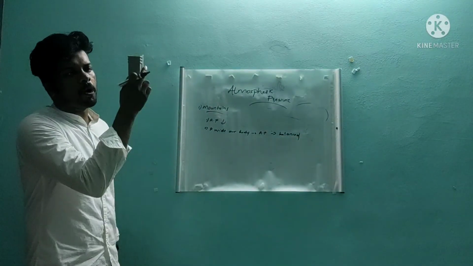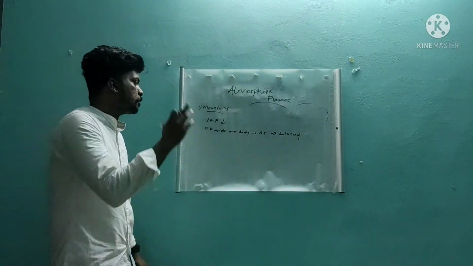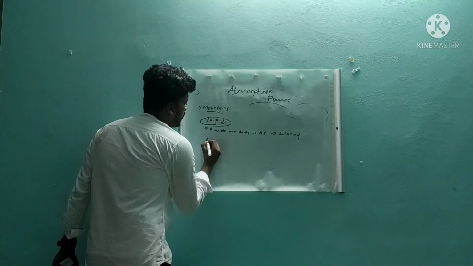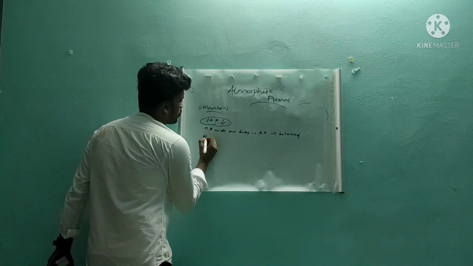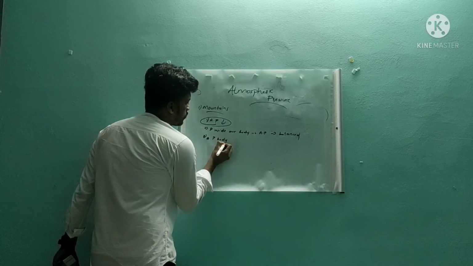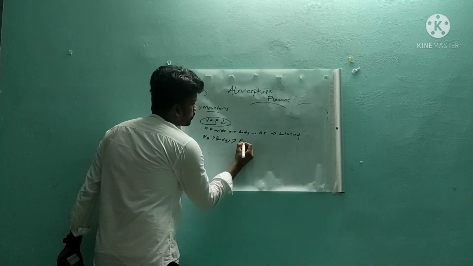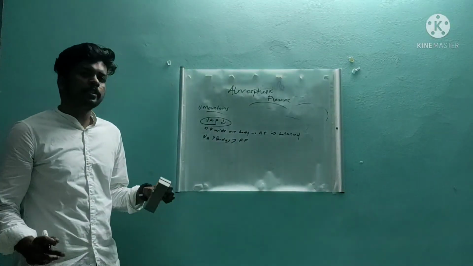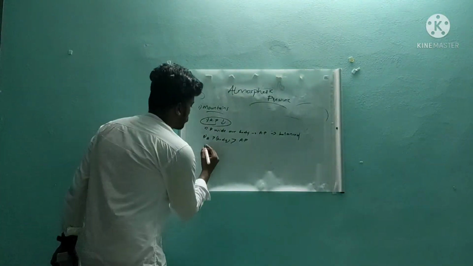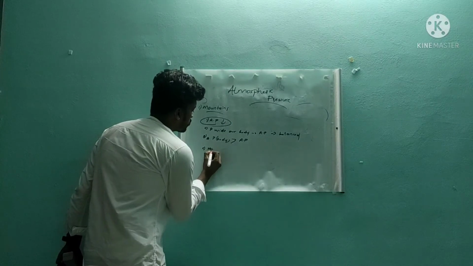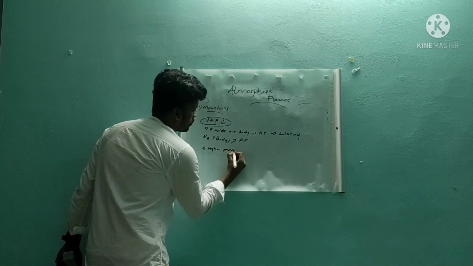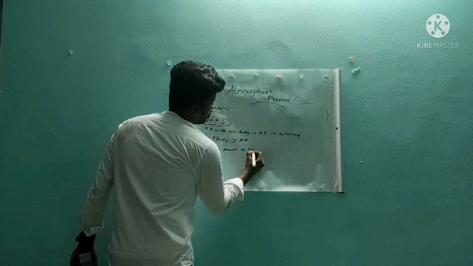But when we go to high mountains, higher altitudes, this atmospheric pressure will decrease, and we know that pressure inside the body will be greater than atmospheric pressure. We have already studied that pressure moves from higher pressure to lower pressure.